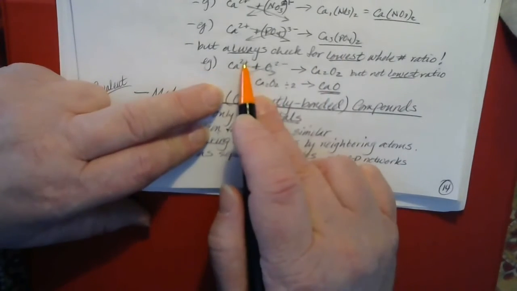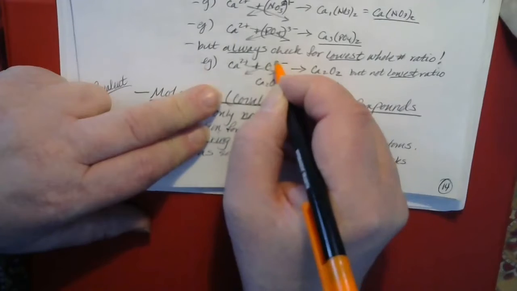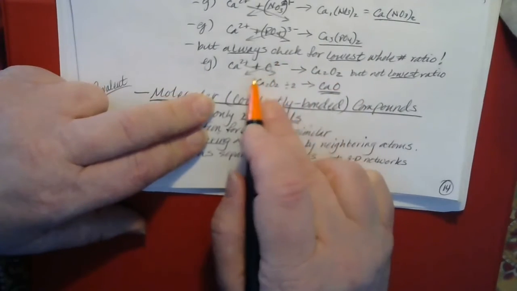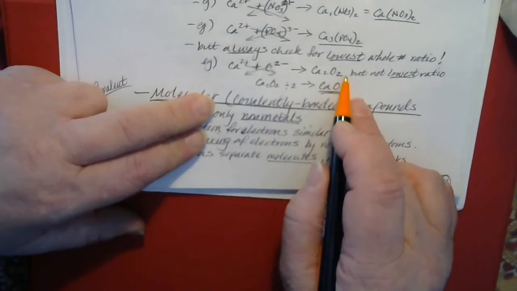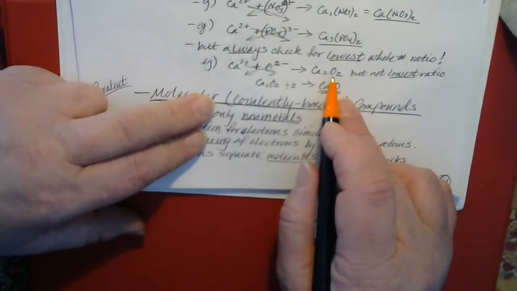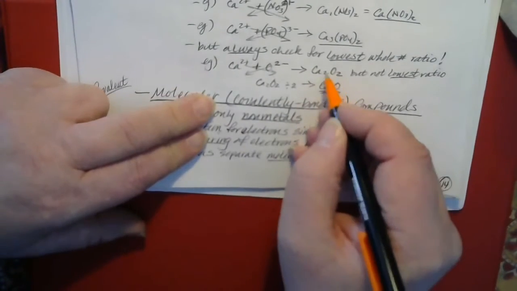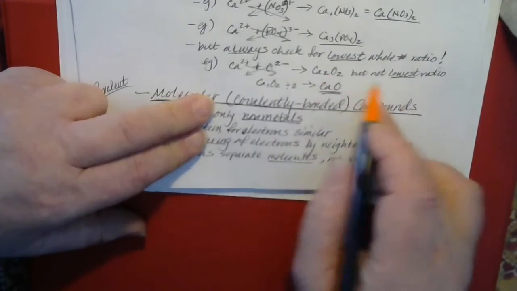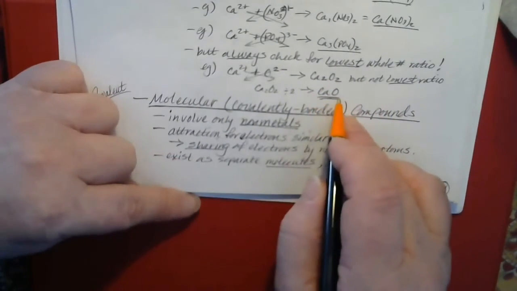Calcium ions have a charge of +2. Oxide ions have a charge of -2. If you cross-multiply, you end up with Ca2O2, which does have an overall charge of 0, but that's not the lowest whole number ratio. These subscripts are both divisible by 2. So if you do that, you get CaO, which is the correct answer.